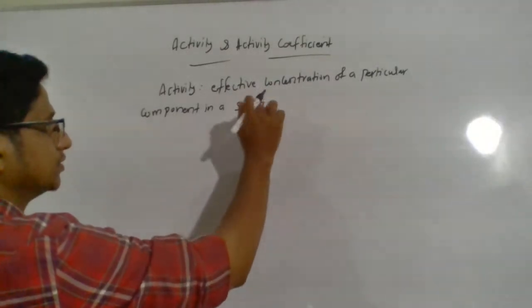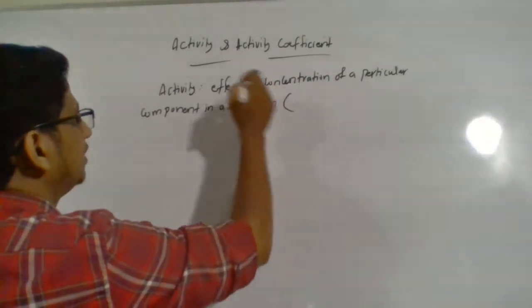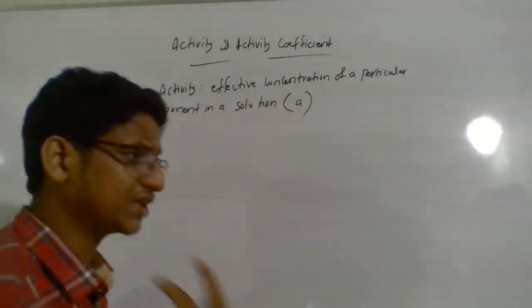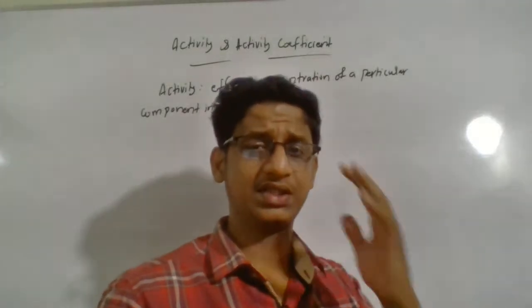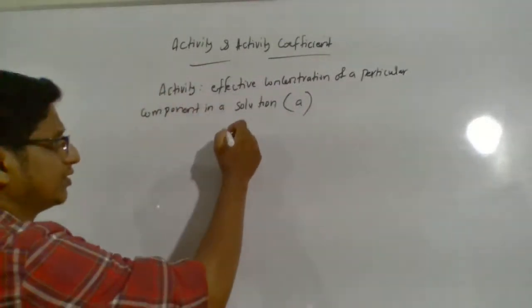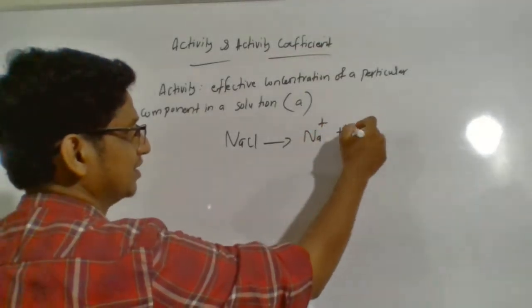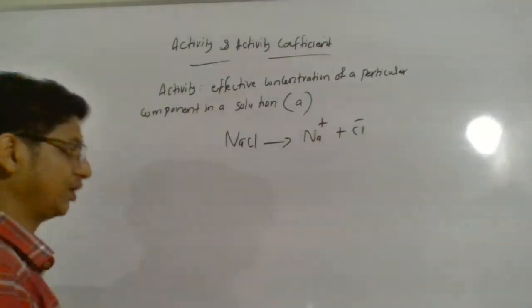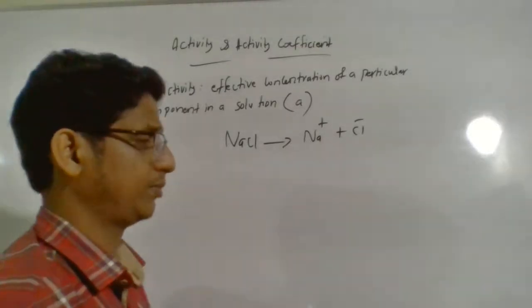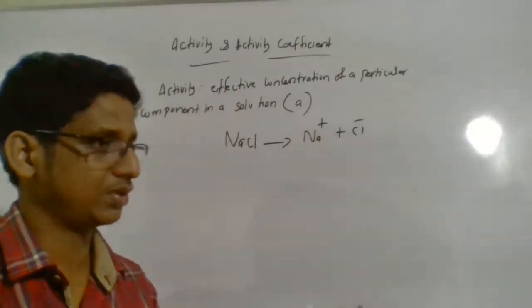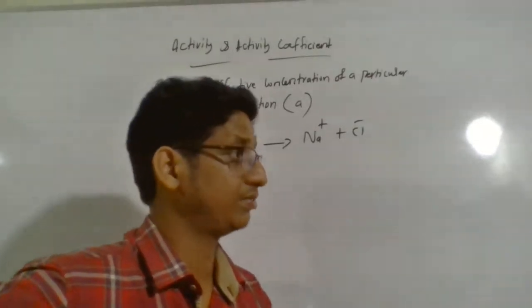In a solution, we represent activity as small a. What is the effective concentration one has to understand? We expect that when sodium chloride dissociates into Na plus and Cl minus, 1 mole of NaCl gives 1 mole of Na plus and 1 mole of Cl minus. So we expect Avogadro number of Na plus ions and Avogadro number of Cl minus ions.